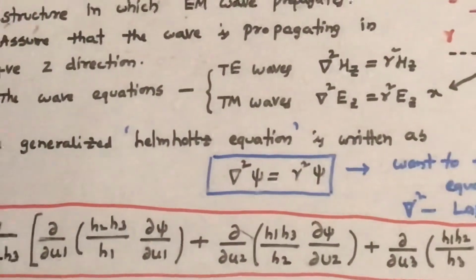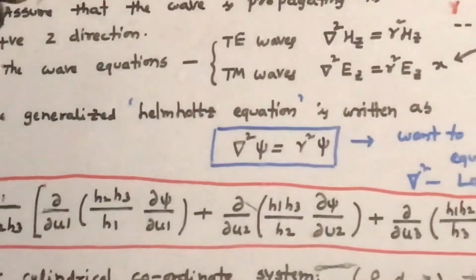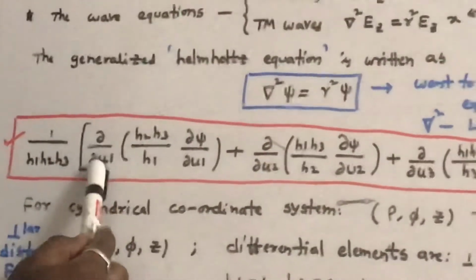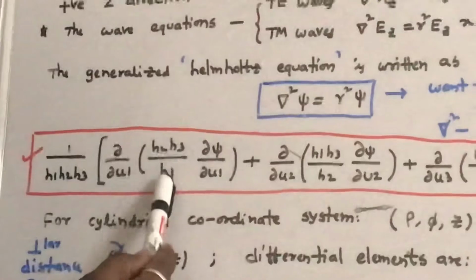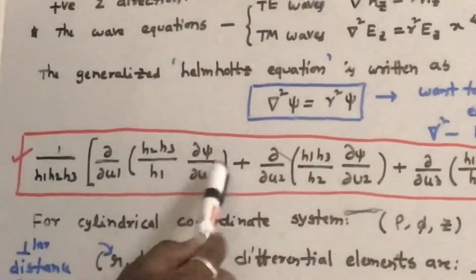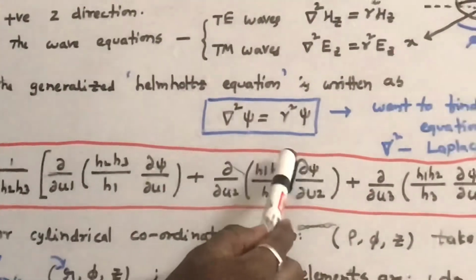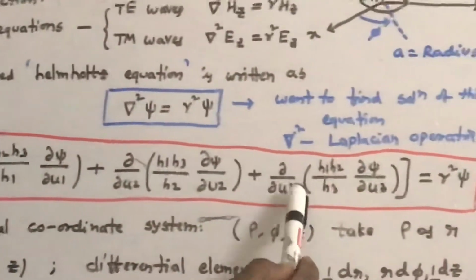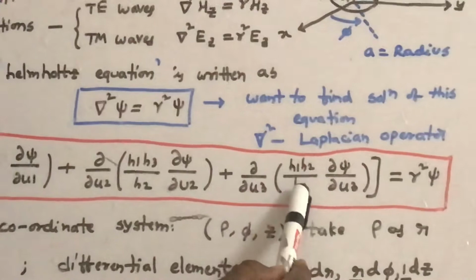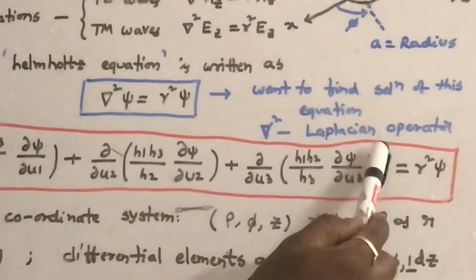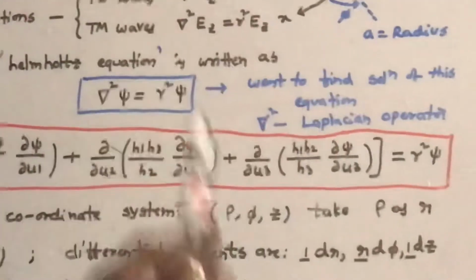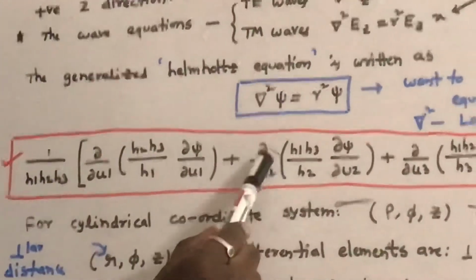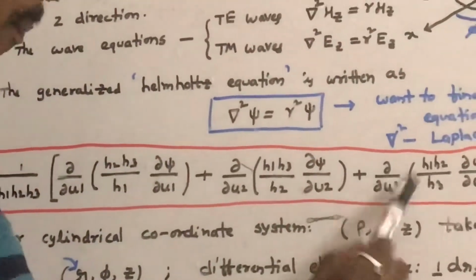Remember this very important formula: 1 by h1 h2 h3 times dou by dou u1 of (h2 h3 by h1) dou psi by dou u1, plus dou by dou u2 of (h1 h3 by h2) dou psi by dou u2, plus dou by dou u3 of (h1 h2 by h3) dou psi by dou u3, equal to gamma square psi. For the Cartesian coordinate system you can take x, y, z.